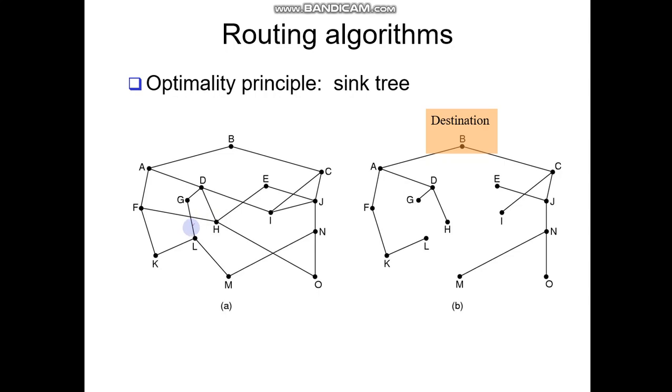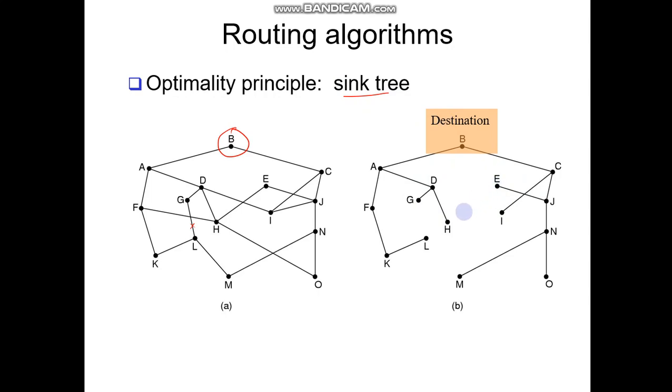This is not part of the network, so we don't need this part. If we draw all the optimal paths from the nodes to the destination B, here B is the destination, we will get a tree like this, and this tree is called a sink tree.